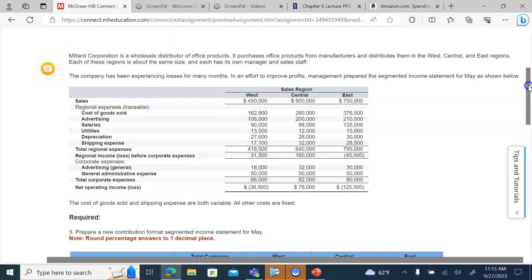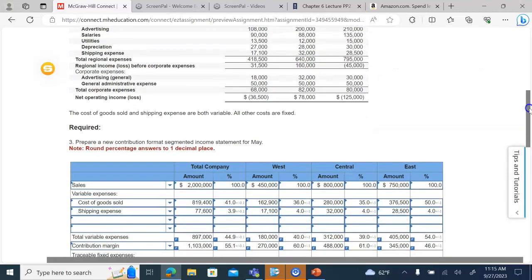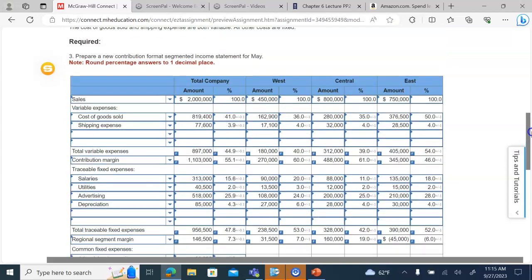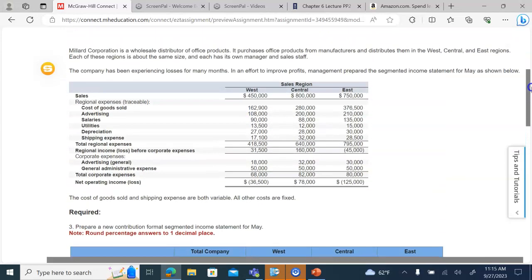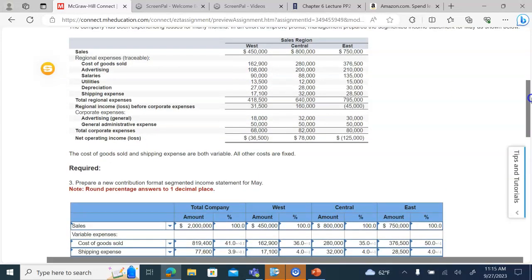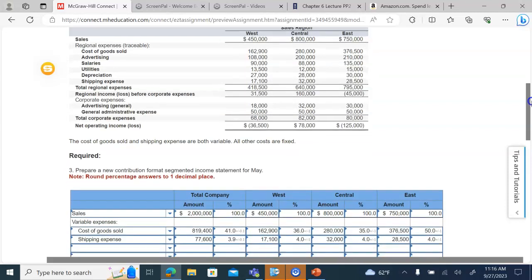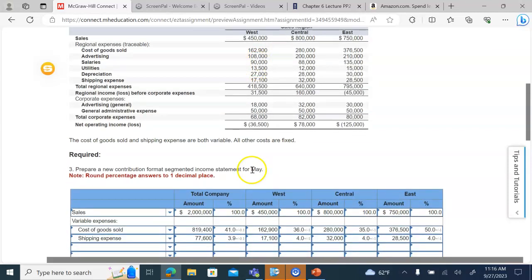So let's see, it's been experiencing losses. So what they want, sales region here, we've got the total. The West is at 450, the Central's at 800,000, the East is at 750. So we're showing a total with them broken down.